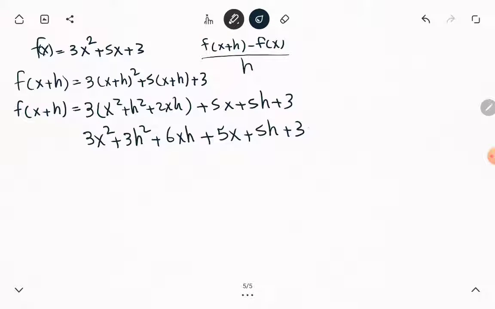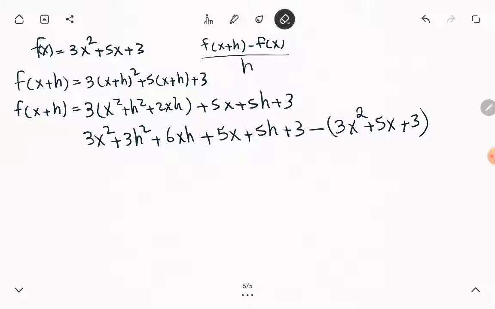So just this minus my f of x, which is, always put your f of x in parentheses because you don't want to mess with sign. So minus 3x squared plus 5x plus 3. Now you can go ahead and remove the parentheses and change the signs.